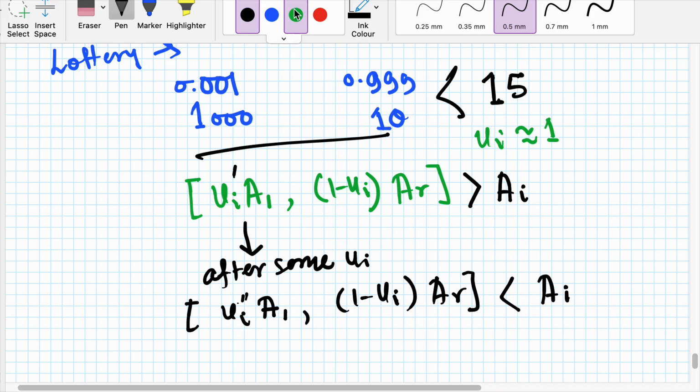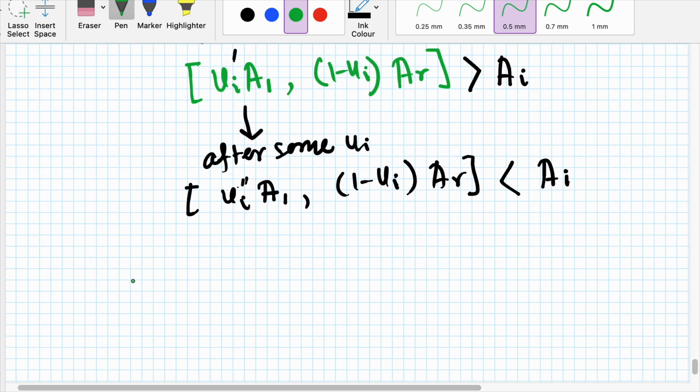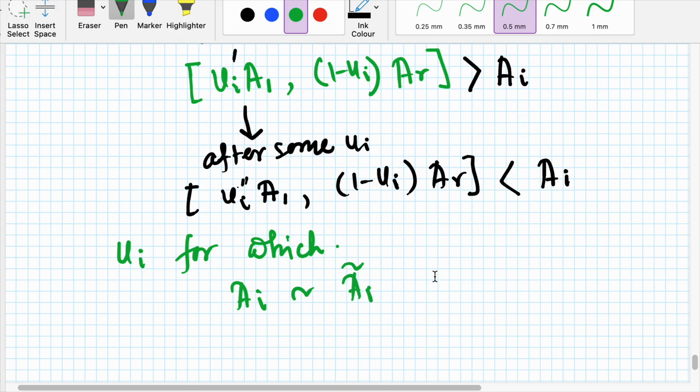So that seems that there will be some UI for which AI and AI tilde, that lottery, is indifferent.